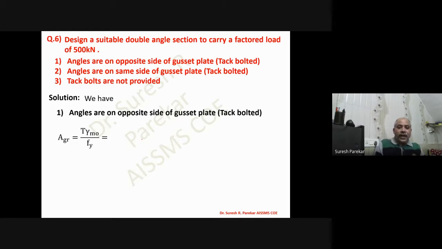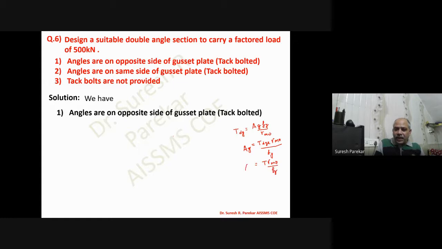Now how are we going to find this value? See, we have a formula. We know that Tdg is equal to Ag fy upon gamma m0, and then I can write it as Ag equal to Tdg into gamma m0 upon fy. And this Tdg I will write as T, so Ag required is T gamma m0 upon fy.